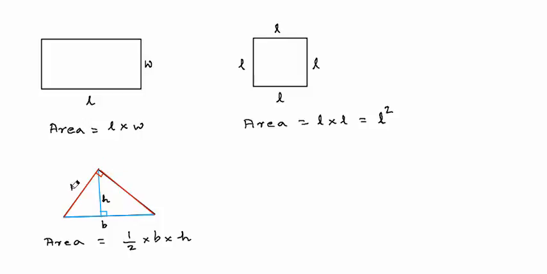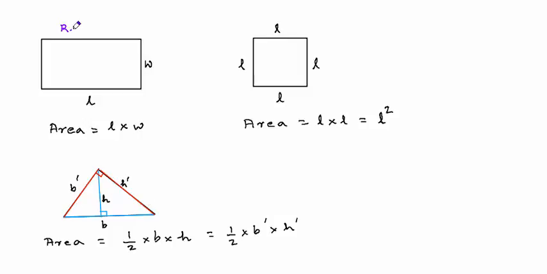So if this length is b prime and the height, let's say this is a right triangle, this is h prime, the area is still going to be 1/2 times the new base b prime times the new height, h prime. And this product will always be fixed no matter which side you choose to be the base.